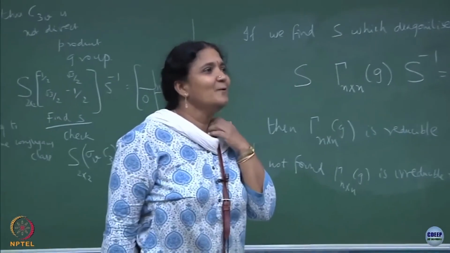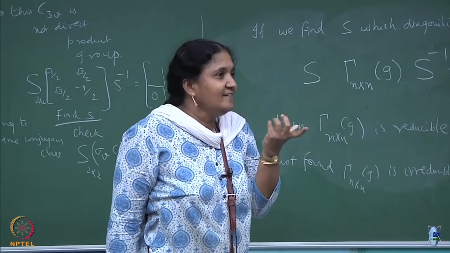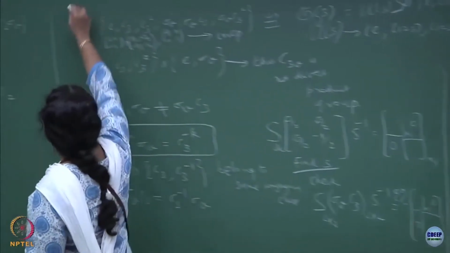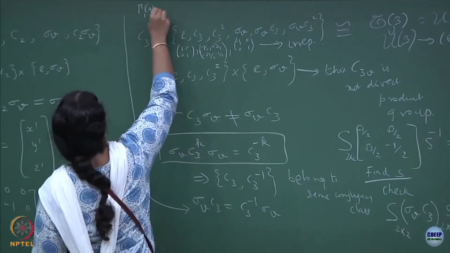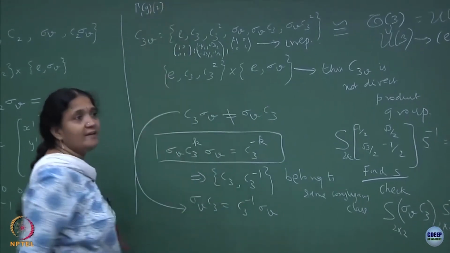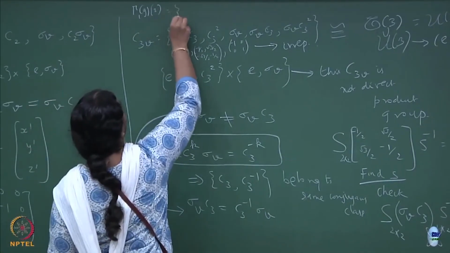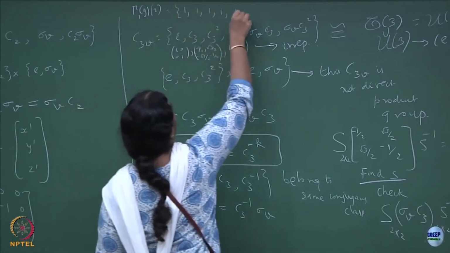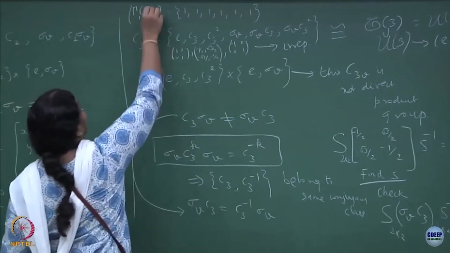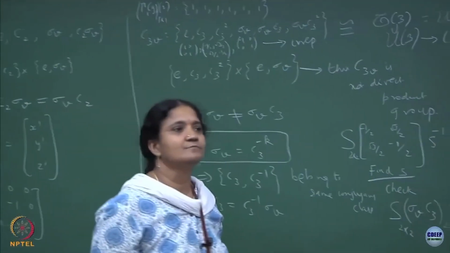If you do it on the z axis, what happens? Identity nothing, C3 also is the z axis itself. So, here also you can have a representation which is acting on 1-dimensional z coordinate, correct? And what will that element be? 1, 1, 1, 1, 1. It is a 1 cross 1 matrix, right, because it is acting only on the z axis.